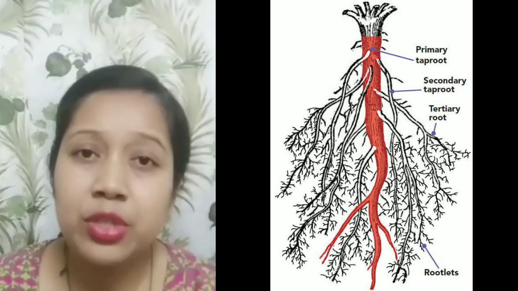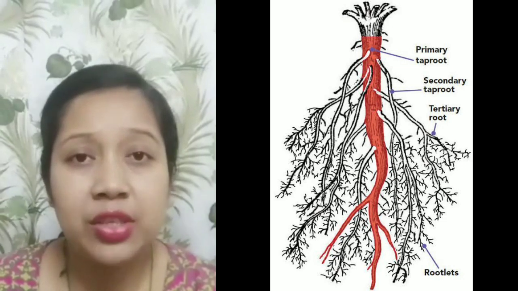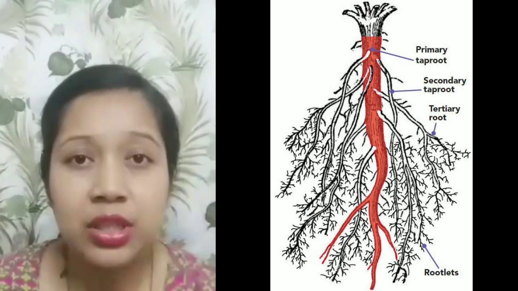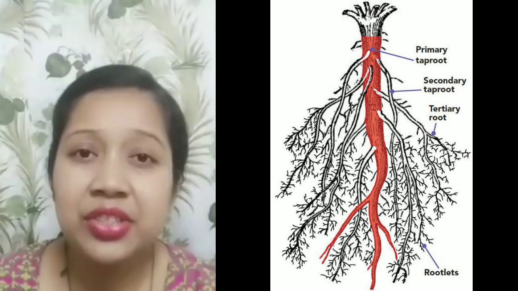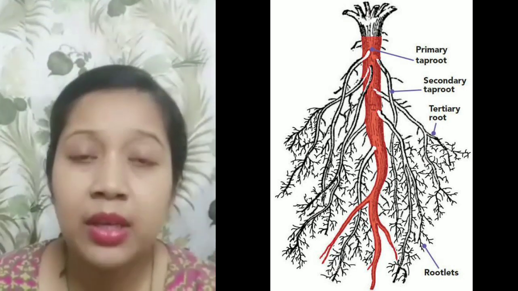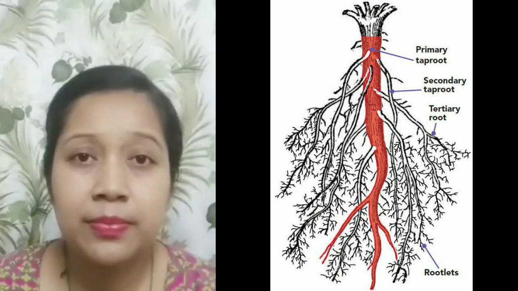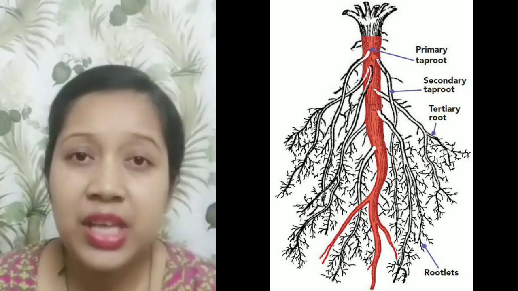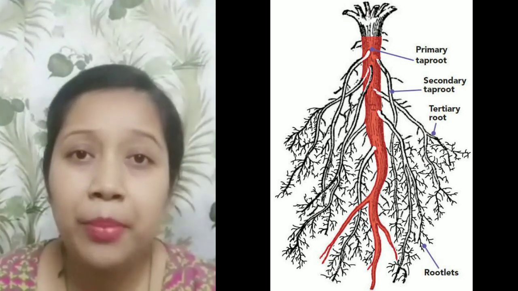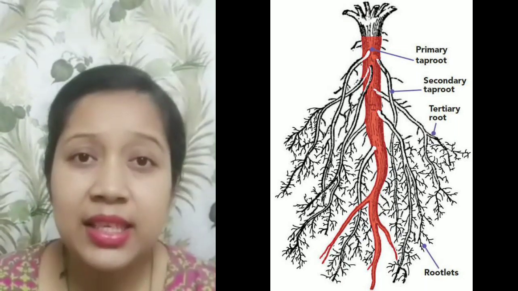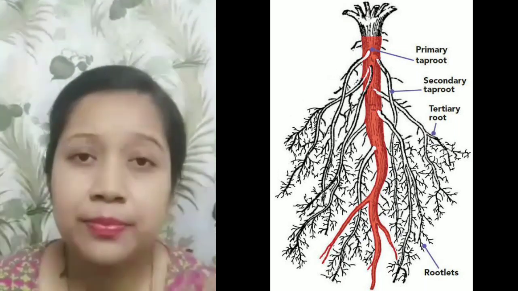Now these taproots undergo modification from the slender structure and change their shape accordingly. Now what are the reasons for such modifications? The modification of taproot has certain purposes. Now let's see what those purposes are.